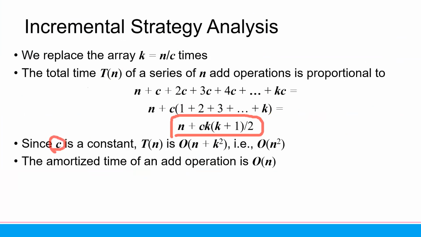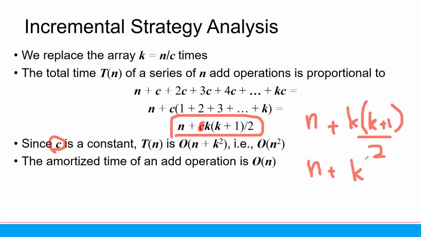Since c is constant, as you know, when we do the big O, we can just remove the constant. Then we will have only n, which is the number that we want to add, and k, which is the number of times we want to grow the array. We can simplify to n plus k times (k plus 1).